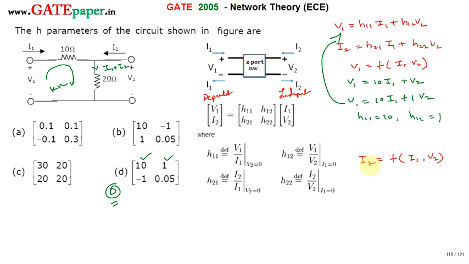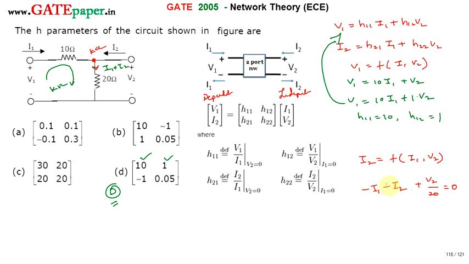To get H21 and H22, we require I2 in terms of I1 and V2. For this, apply KCL at this node. KCL gives minus I1 minus I2 plus V2 by 20 equal to 0, taking incoming currents as negative and outgoing currents as positive. The outgoing current is the current flowing through this 20 ohm resistor, which is V2 by 20.